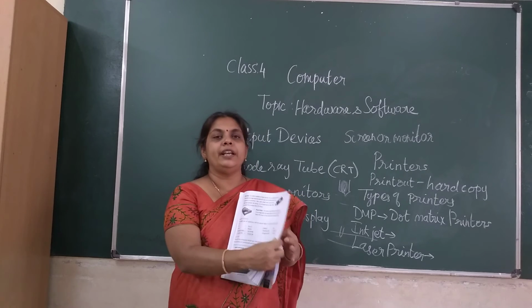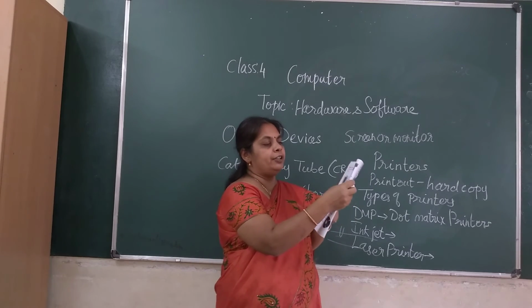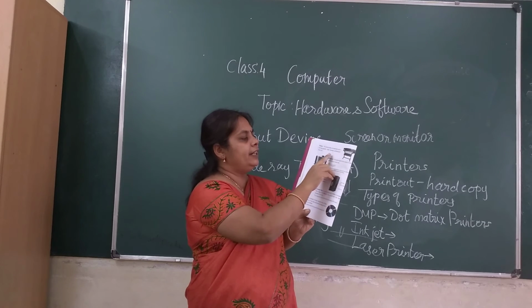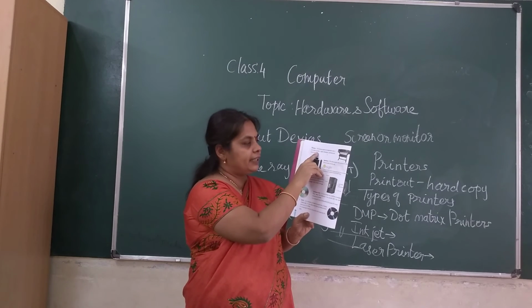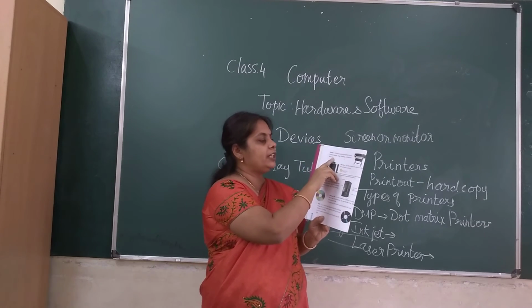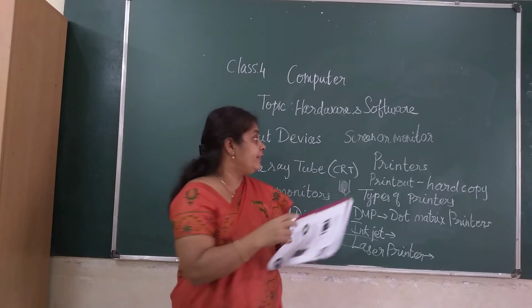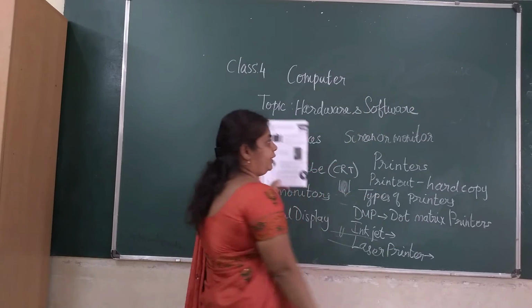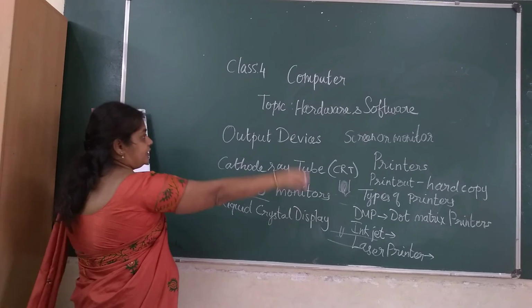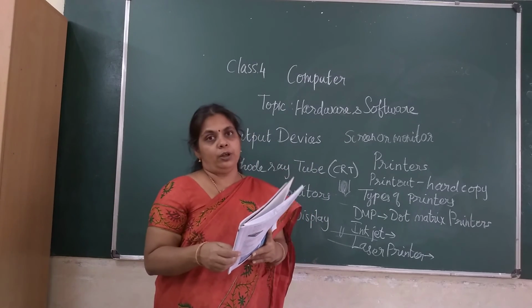The next one is your plotter. Here in your book it is shown, children. It prints graphs, huge drawings, architectural work, etc. Suppose we put a building plan, children, it will come on a big, very lengthy sheet. For that we use plotters.